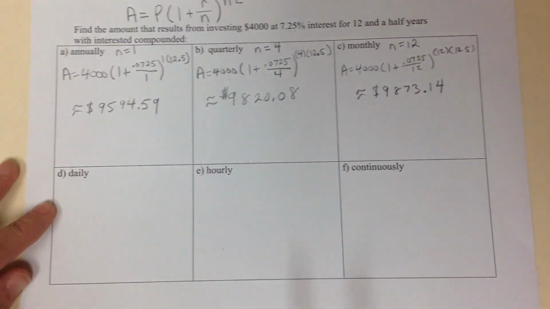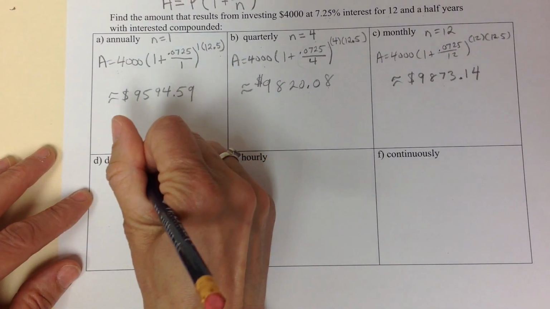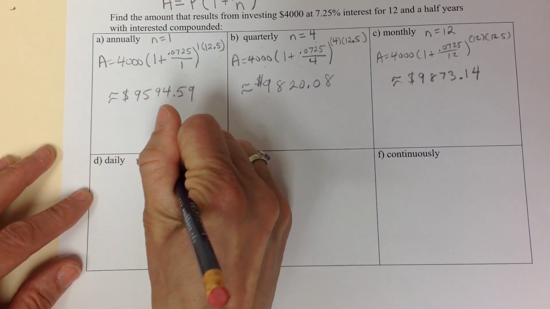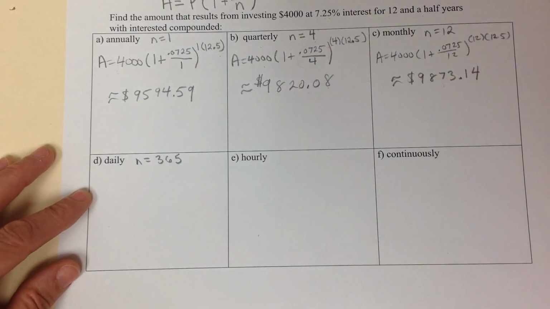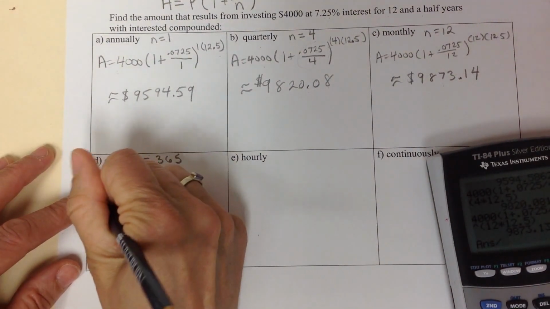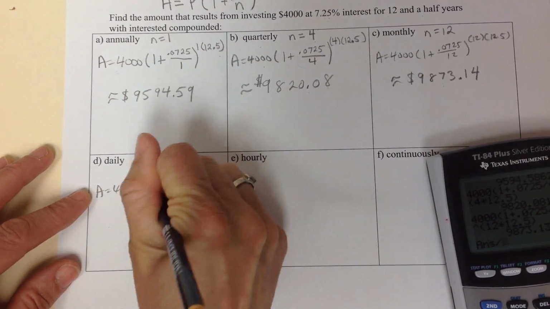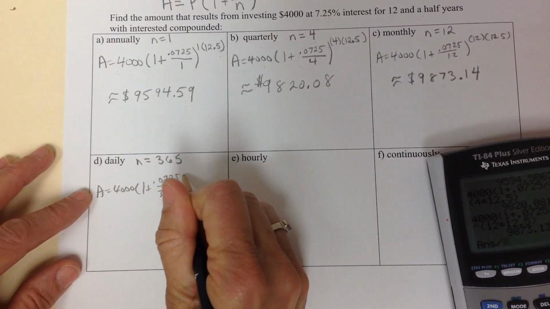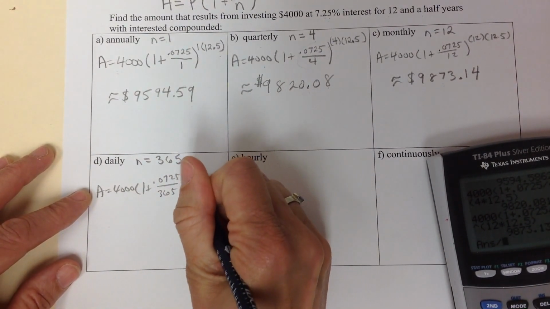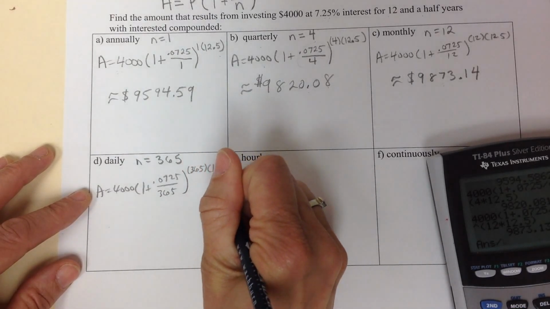Okay, now we got daily. That's got to be even better. So daily, don't worry about leap year. You can just assume 365 for the number of days. So A is 4,000 times 1 plus 0.0725 over N, which is now 365. And in the exponent, we got to multiply 365 by 12.5.